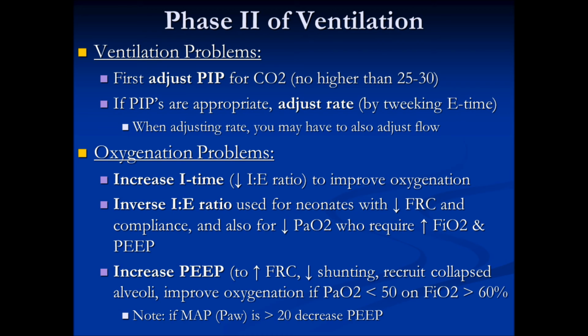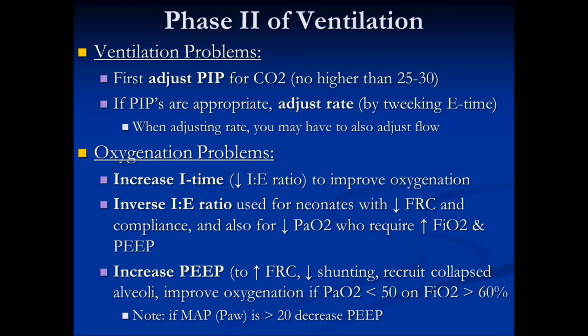And you do that by tweaking the E time. When adjusting the rate, you may also have to adjust your flow. If the baby does not have enough time to get that pressure that you have set in, then you have to adjust the flow. You want to speed up how it gets to that set pressure by adjusting the flow.